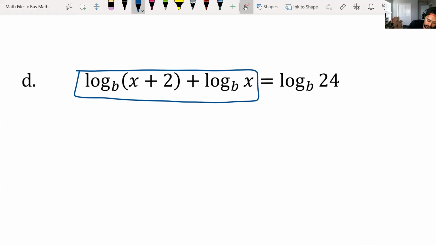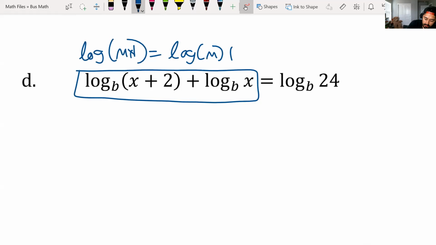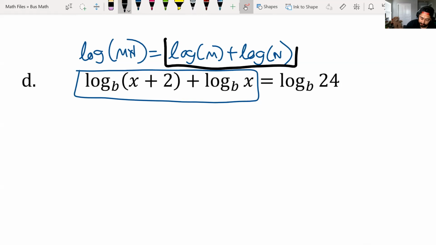Remember that if I have log of m times n, this becomes log of m plus log of n. So that's the product rule we learned above. So what we're going to do now is take log of m plus log of n and put it back into one single log.